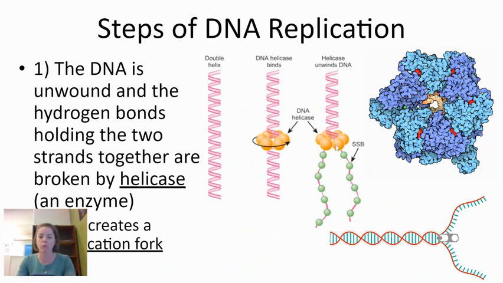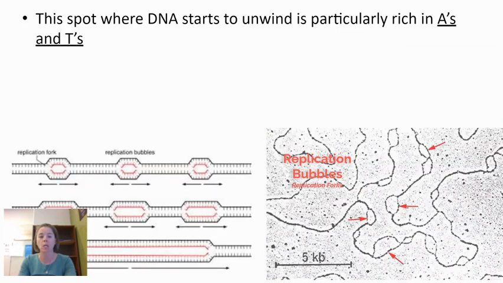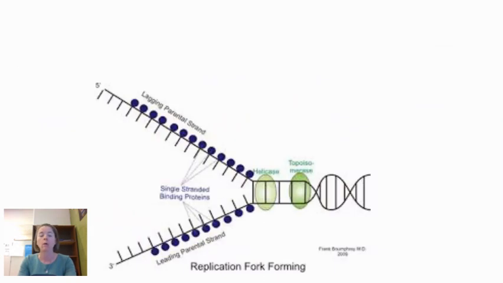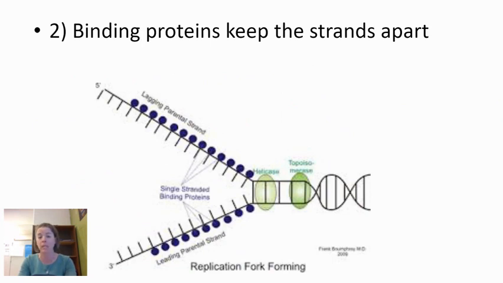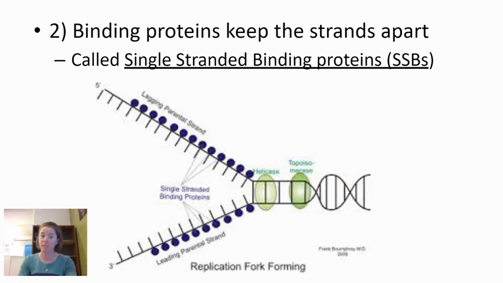Then the replication fork is on there. Notice there are also now in this third image green dots that are all over there. Those green dots are called single strand binding proteins, and they are just little teeny tiny proteins whose sole purpose is to keep the strands apart from each other because we're trying to make new copies of things.